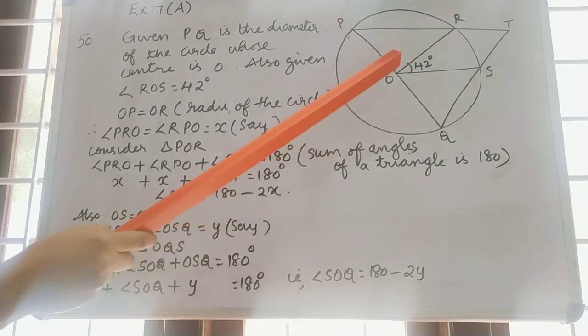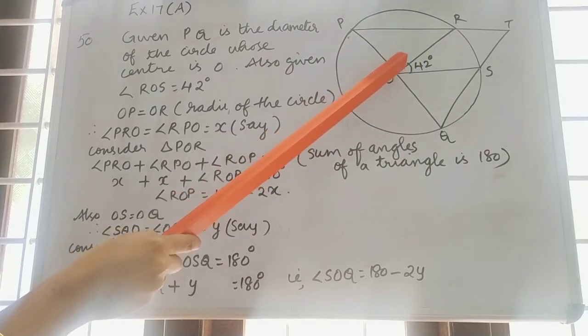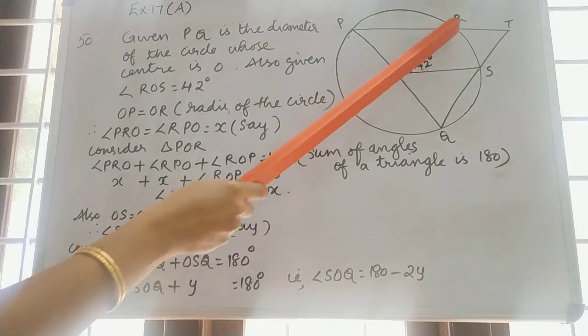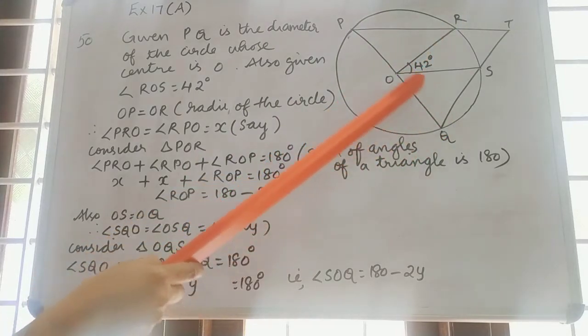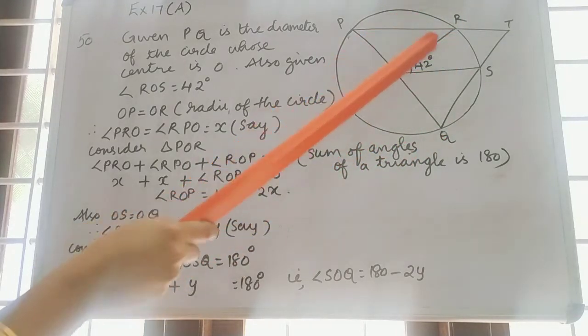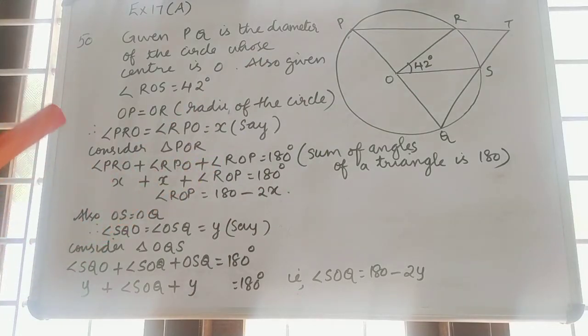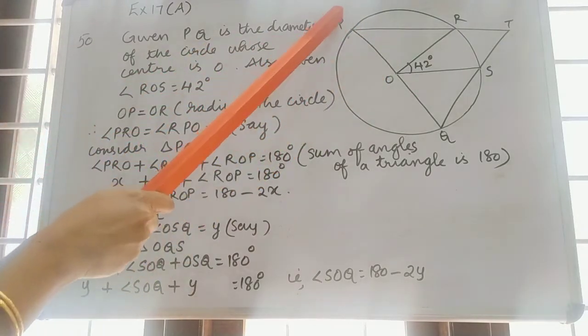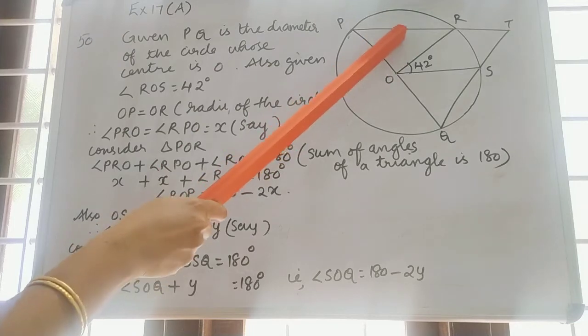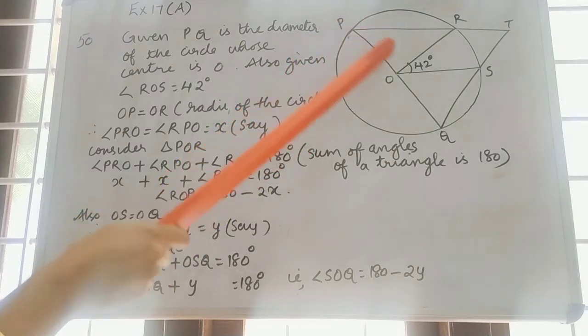We know that since O is the center of the circle, OP, OR, OS and OQ are all radii of the circle. So first we take OP is equal to OR, for considering this triangle. Take these two radii, OP and OR.